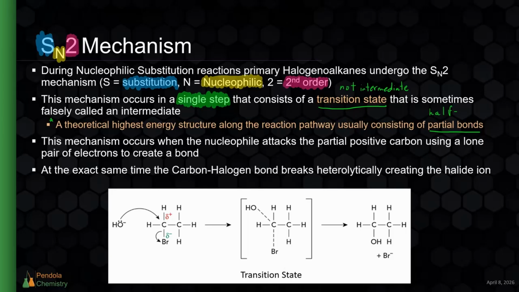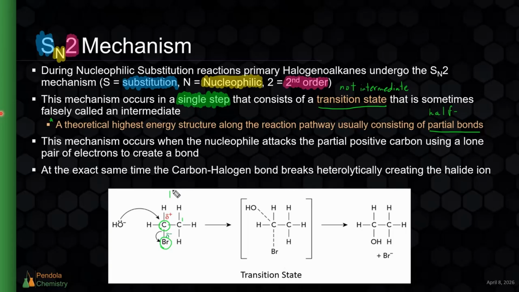So the mechanism for this nucleophilic substitution reaction, again, is going to happen with halogenoalkanes that are primary. So if we look at this halogenoalkane right here, for example, this is a primary halogenoalkane because the bromine is bonded to a carbon that only has one other carbon bonded to it.